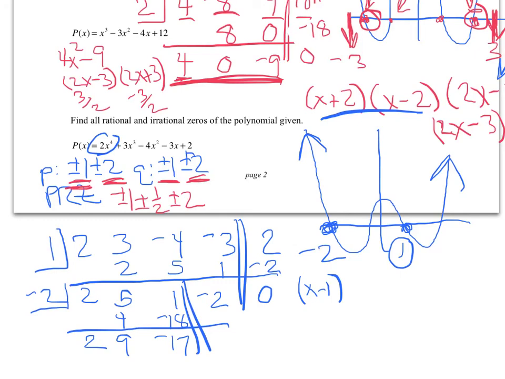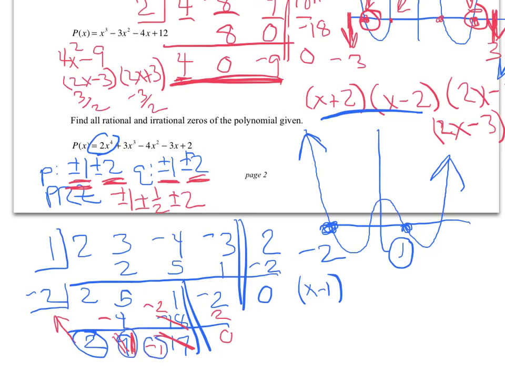When I did 2 times negative 2 right here, that should be negative 4. And 5 plus negative 4, that should be not 9 right there, but 1. And now 1 times negative 2 is negative 2. And negative 2 plus 1 is negative 1. That should be negative 1. And now negative 1 times negative 2 is 2, and 2 plus negative 2 is 0. So now I have the coefficients. It's a little messy because of my mistake, but I have 2, I have 1 right here, and I have negative 1.